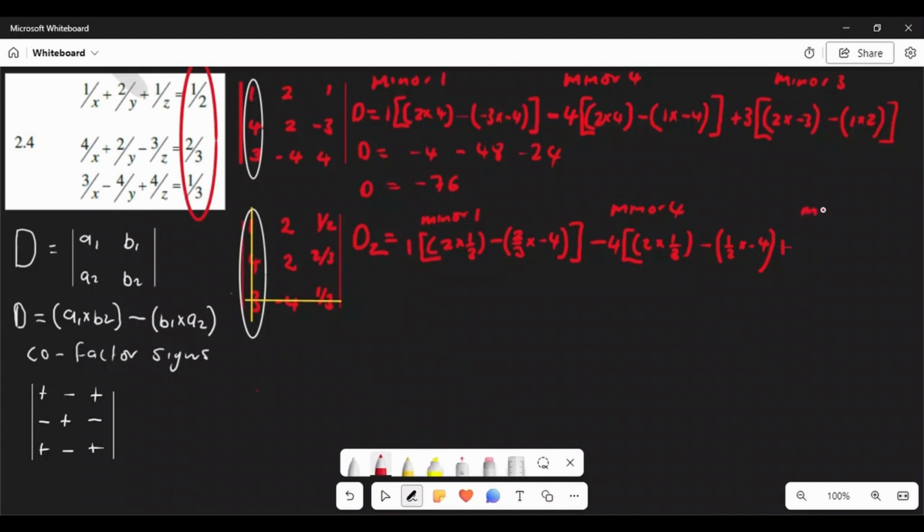Let me just write it, minor. Guys, you don't need to write this, I'm writing this for explanation purposes. It's going to be 3, and then from here we have to multiply. So it's a1 multiplied by b2. In this case a1 is 2, and b2 is going to be 2 over 3. So it's going to be 2 multiplied by 2 over 3.